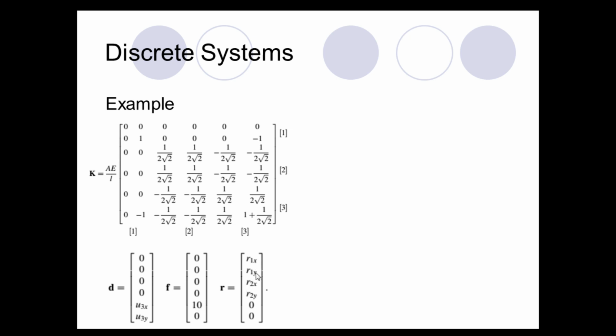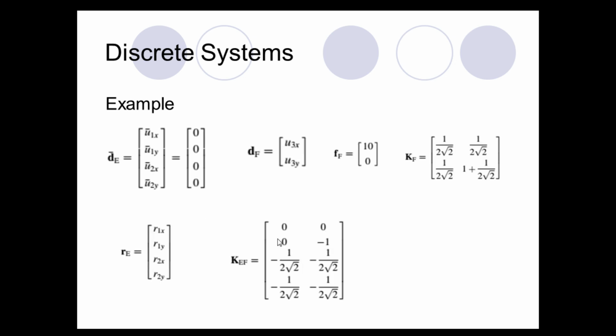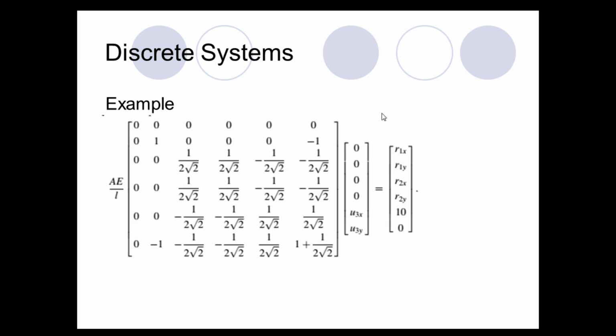Certainly we have the reaction forces at node 1 and node 2 in x and y direction respectively. So we have 4 unknowns here and 2 unknowns here. We have 6 unknowns and we have 6 equations. And this is our global system of equations. So next thing is to solve this global system of equations.